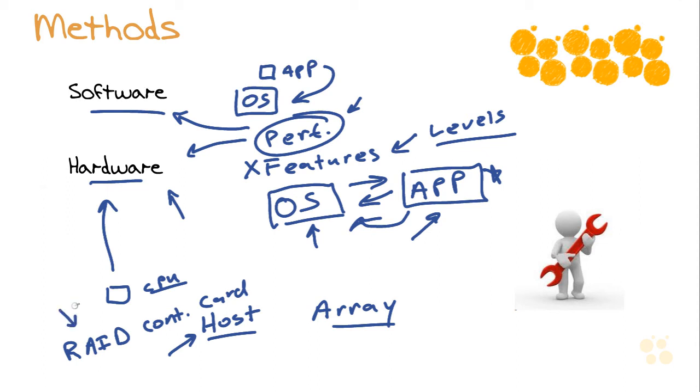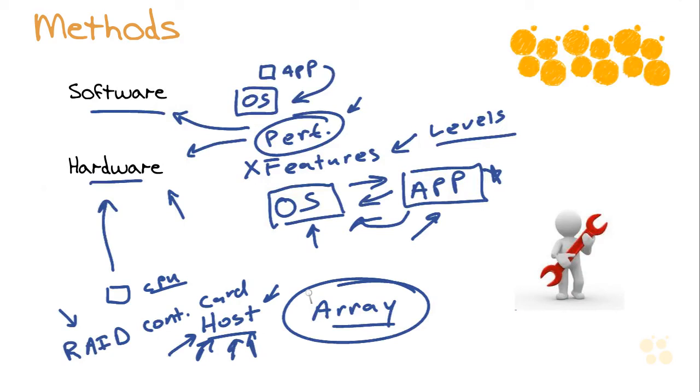As a matter of fact, a lot of hosts have this RAID controller card functionality built right into their motherboard when you purchase the host. Woohoo, bonus! I got my RAID built in. But if you're doing this again and again and again in the host throughout your infrastructure, this can become inefficient and relatively ineffective. And that's why it's nice to do an array.